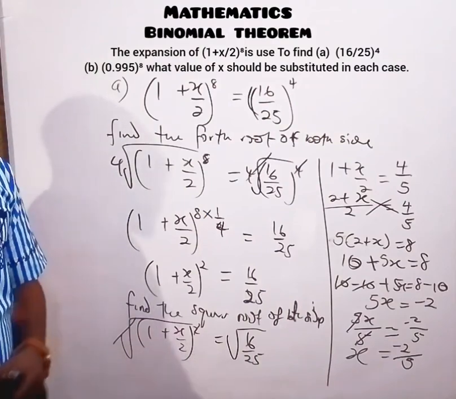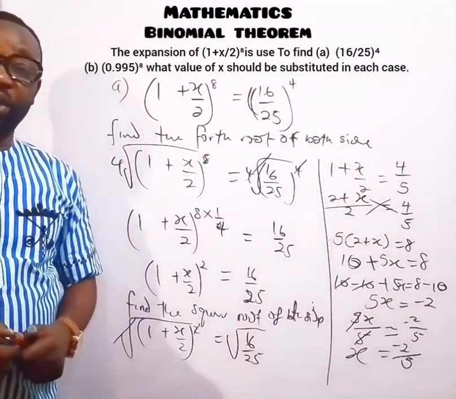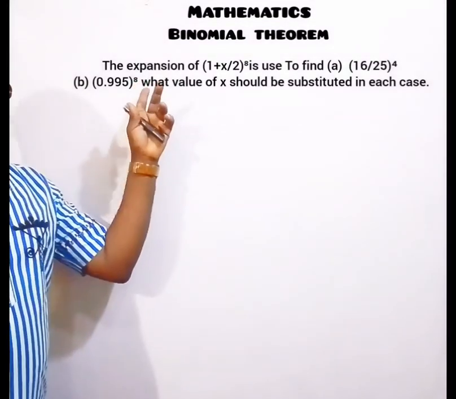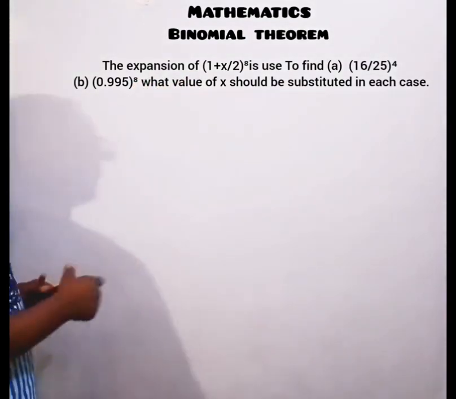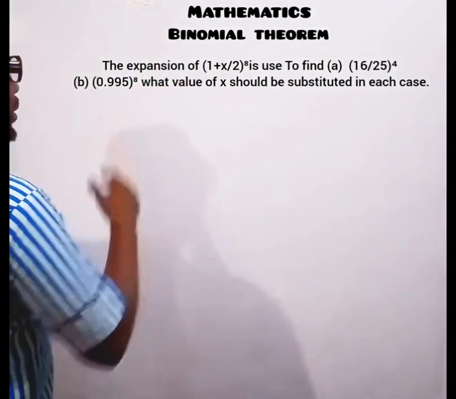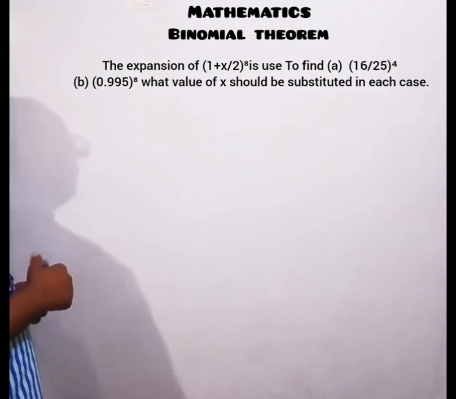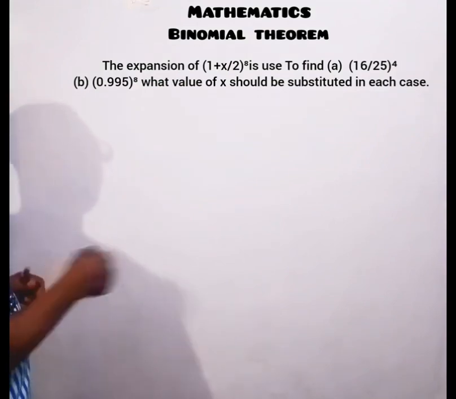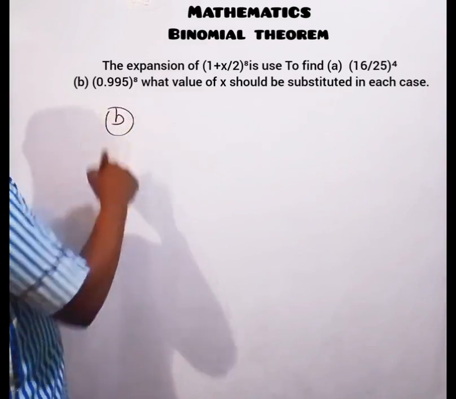We'll now look at the B part of the question given to us. The B part asks us to find the value of x that will be substituted, as we did in the first question.